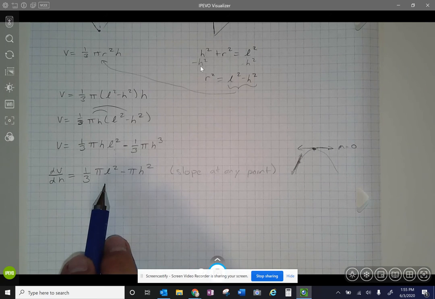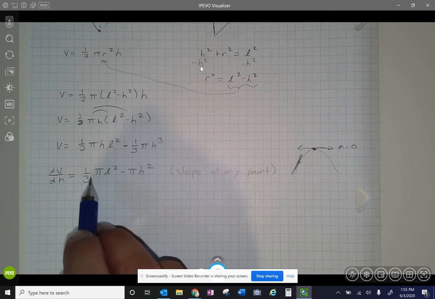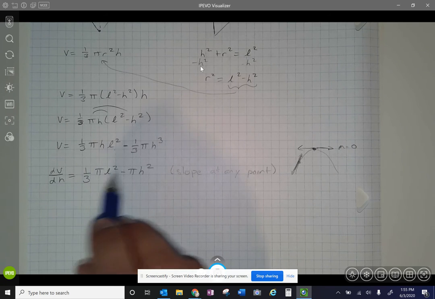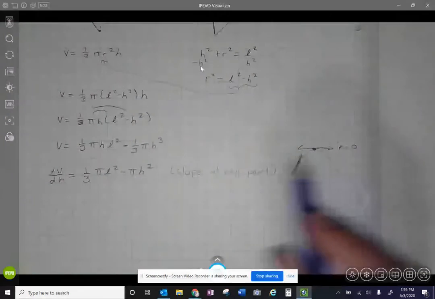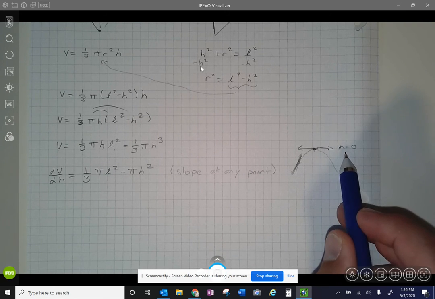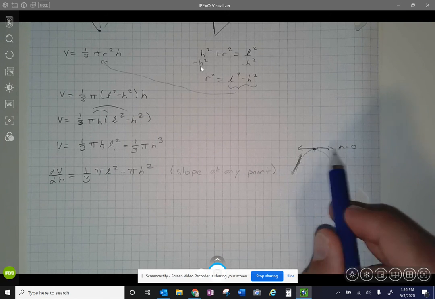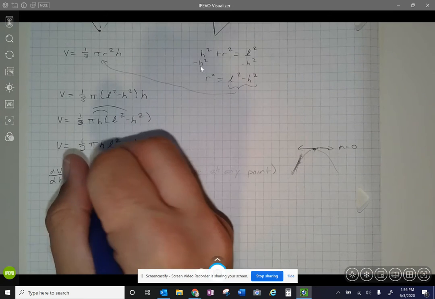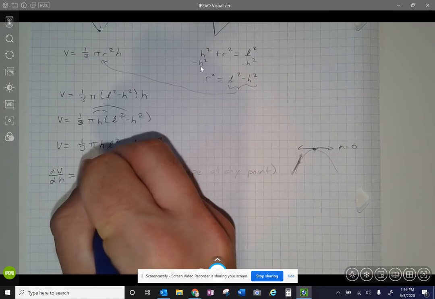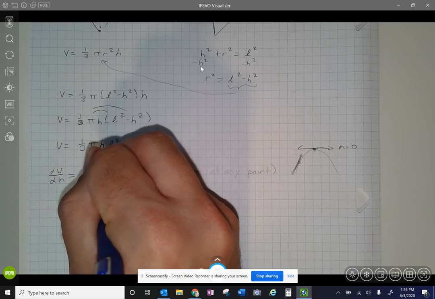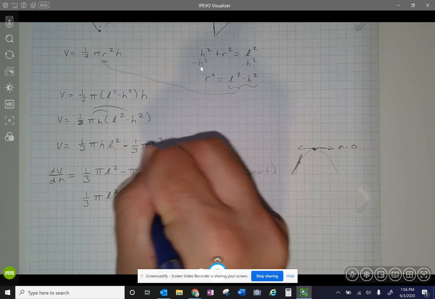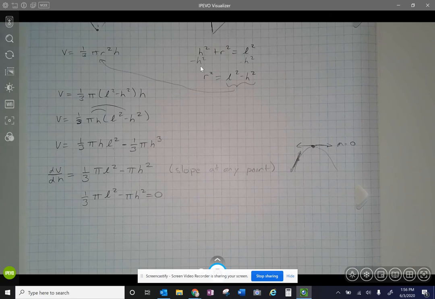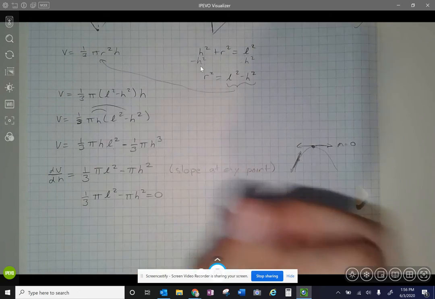And I know that this equation, which is the derivative, represents the slope at any point. So we want to know, when is this slope equal to 0? Because when it's equal to 0, I know that I have a maximum. So we're going to set this equal to 0: 1/3 pi L squared minus pi H squared equal to 0. And now I'm going to add.